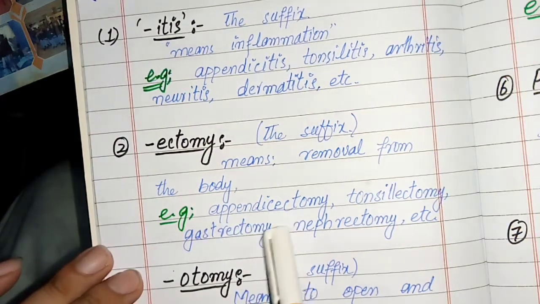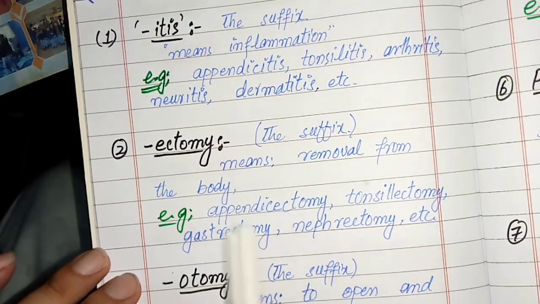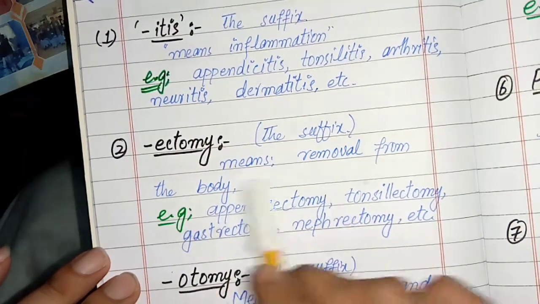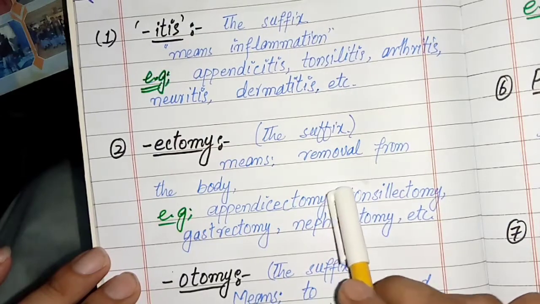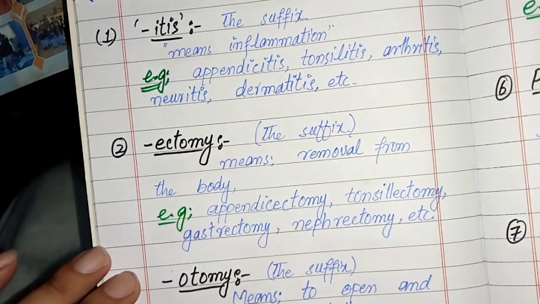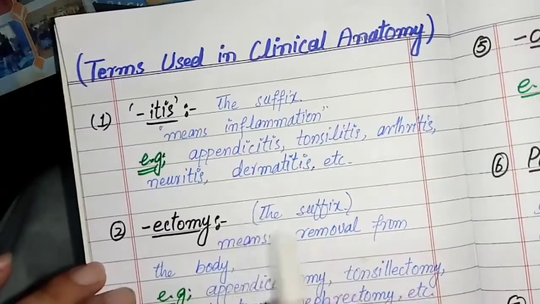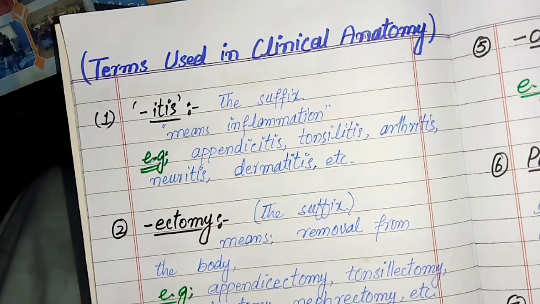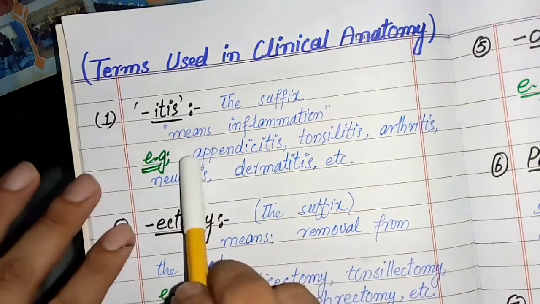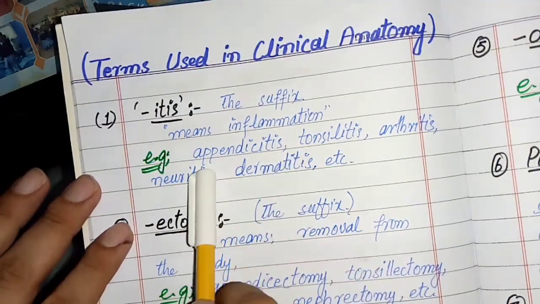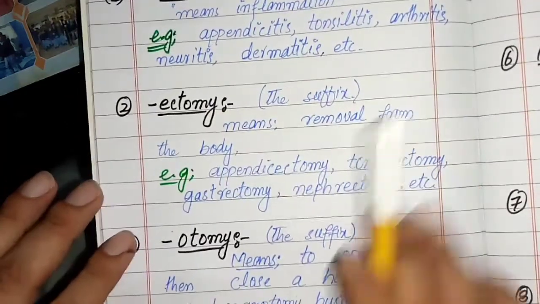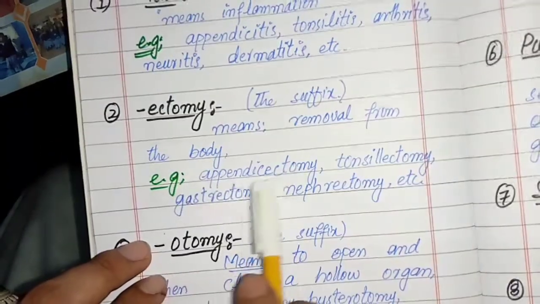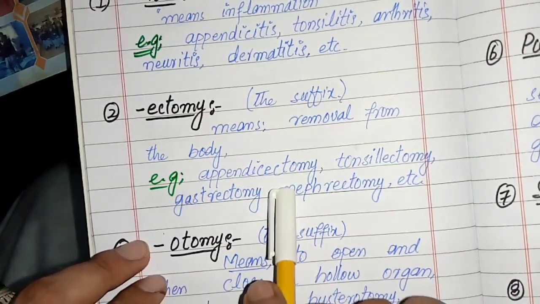The first example is appendicectomy, the removal of the appendix. The patient has appendicitis, inflammation of the appendix, and the surgery done for its treatment is appendicectomy, removal of the appendix.